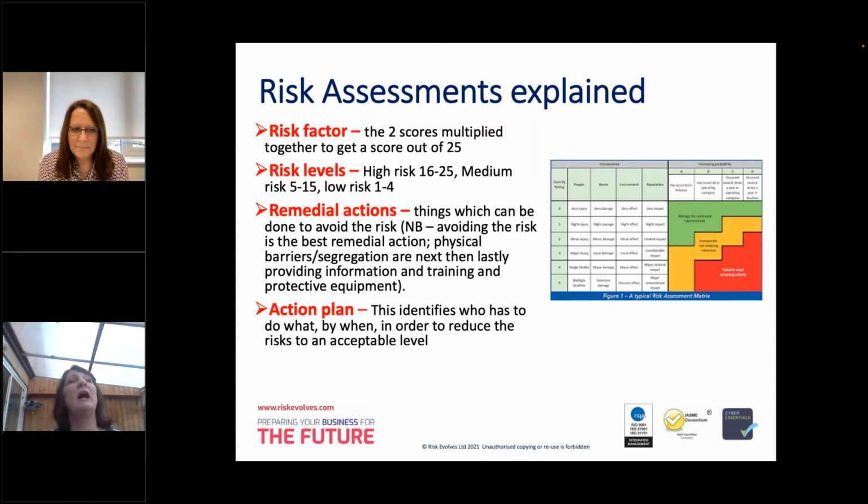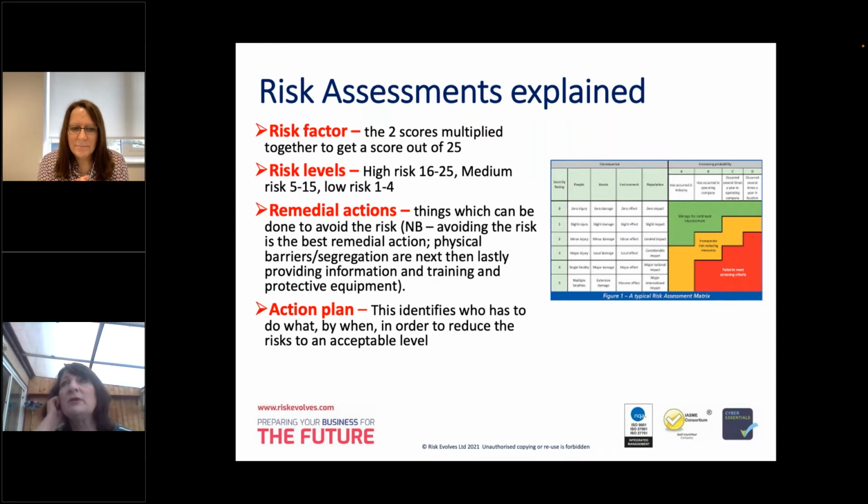So if we've got a high score, which is usually between 16 and 25, that will be high risk, which is a 4 times 4 or a 4 times 5 or a 5 times 5, heaven forbid. That leads us right into the really high area of risk, which means that we've got to do something about it. And what we do about it is going to be proportionate to that risk. We want to prioritise those higher scores because clearly they're more likely to cause harm in the immediate short term.